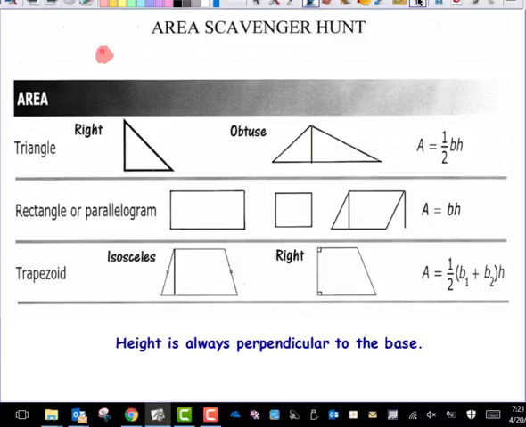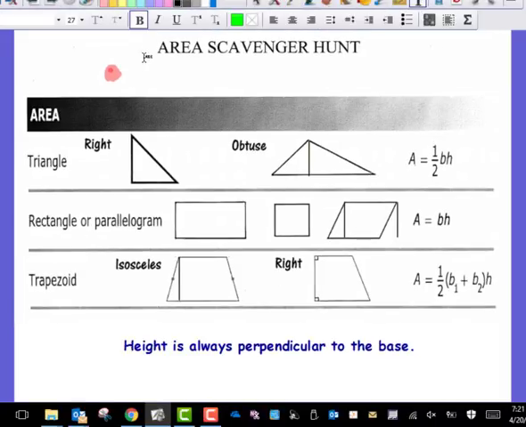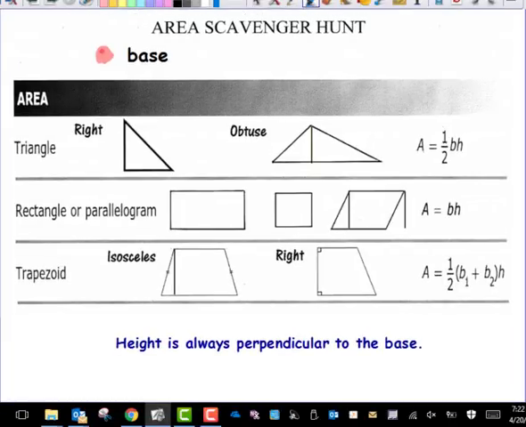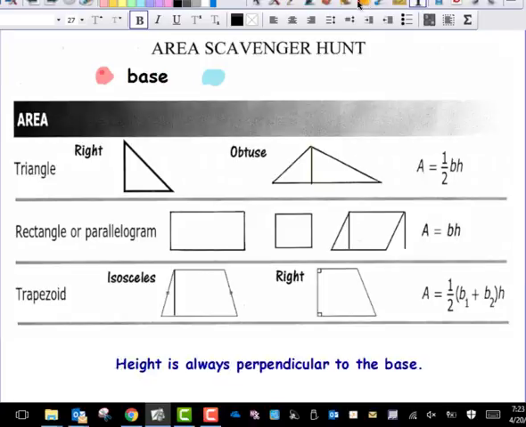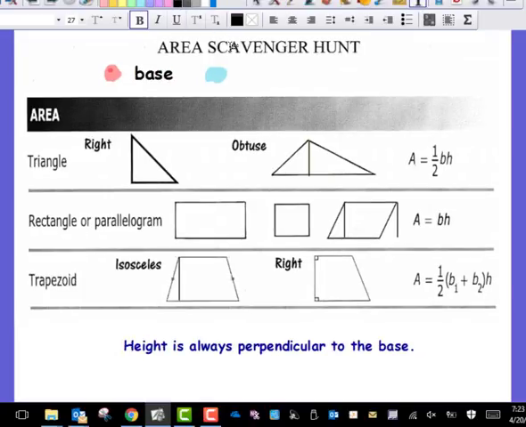This red color is my base, so I'm going to write this is my base, and now I'm going to choose a highlighter color to identify my height, and I'm going to do that in blue. So you should make that key on top of your paper, and that's going to be my height.